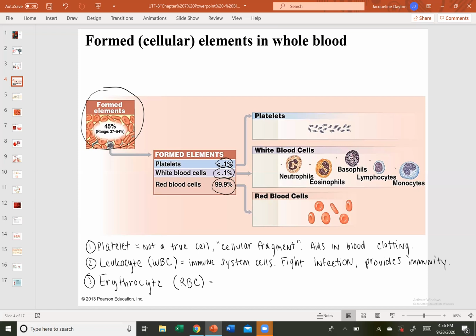Okay, now what are their jobs? Their job is to circulate oxygen throughout the body. Okay, they will bind to oxygen in the lungs.